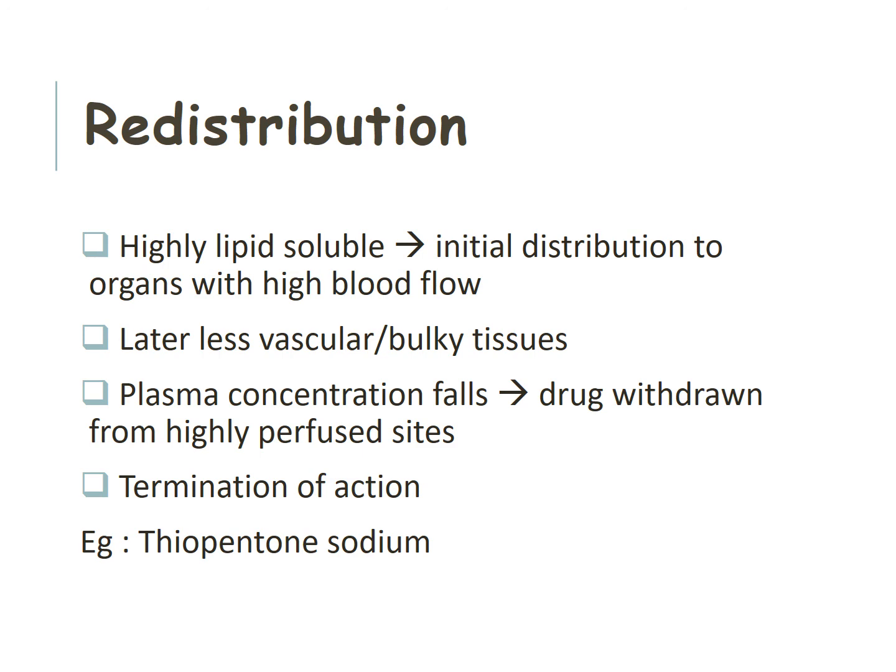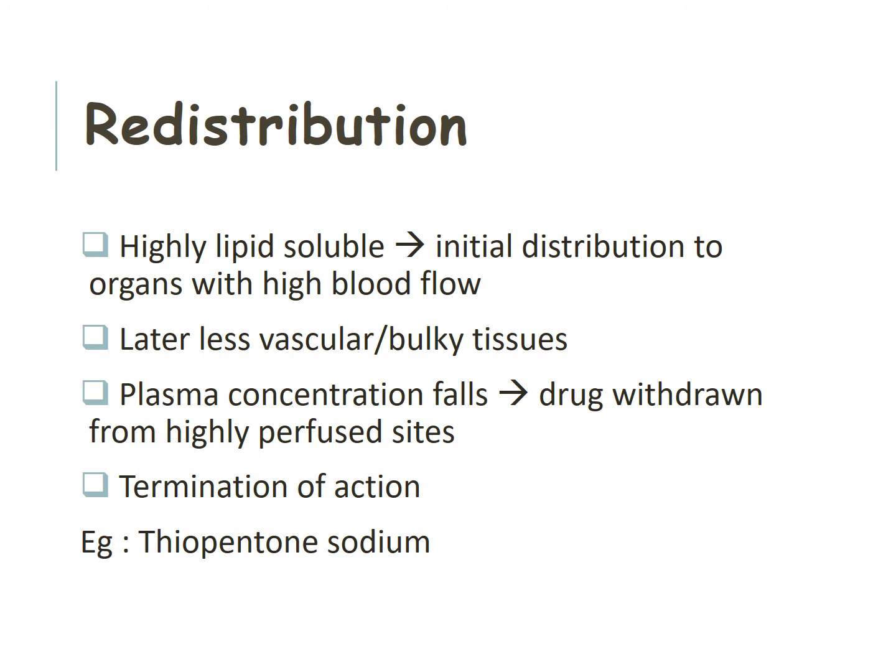Initially a huge amount, about 95% of the drug, will move to that highly perfused lipid region or high affinity region. The rest will move to less vascular and bulky tissue. So later only the 5% will move to the bulky or less vascular areas.